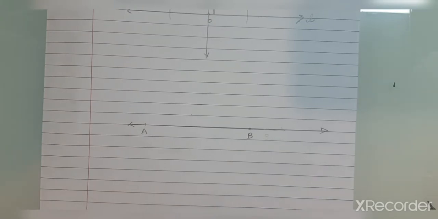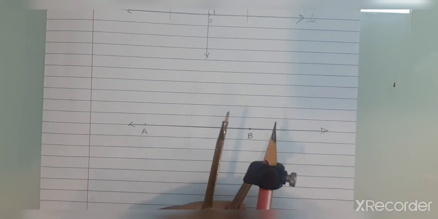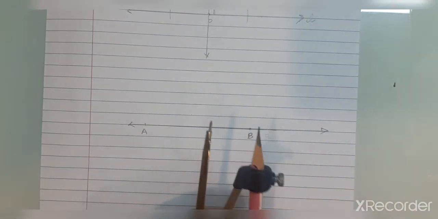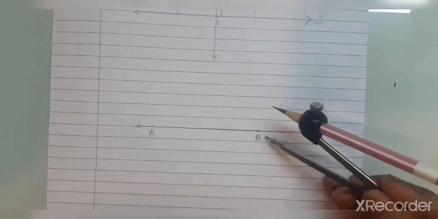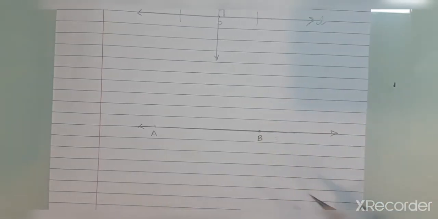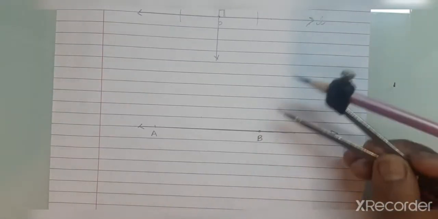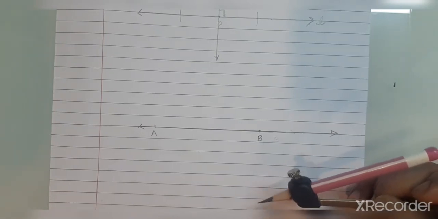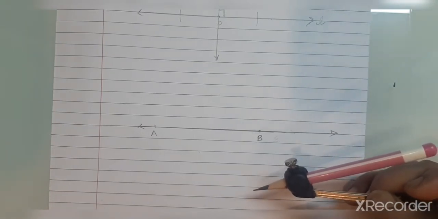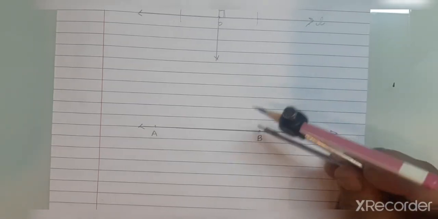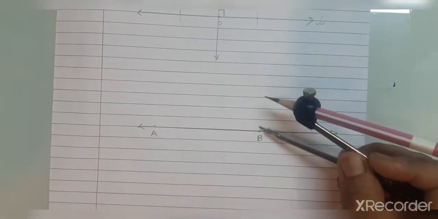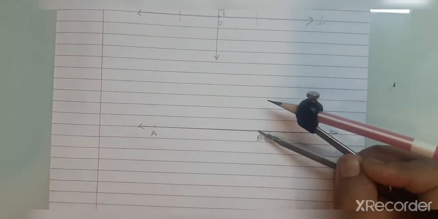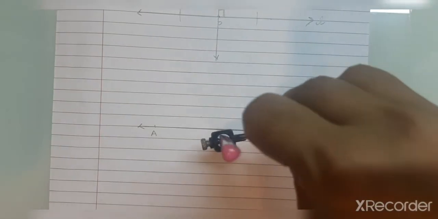So now, same method, take a compass, any distance, let this distance be a little smaller one, keep the pointer on B. I need to draw a perpendicular which is passing through this point B, because they have mentioned draw perpendicular at B. So since I want the perpendicular to pass through B, I will first keep the pointer on B and make two arcs.